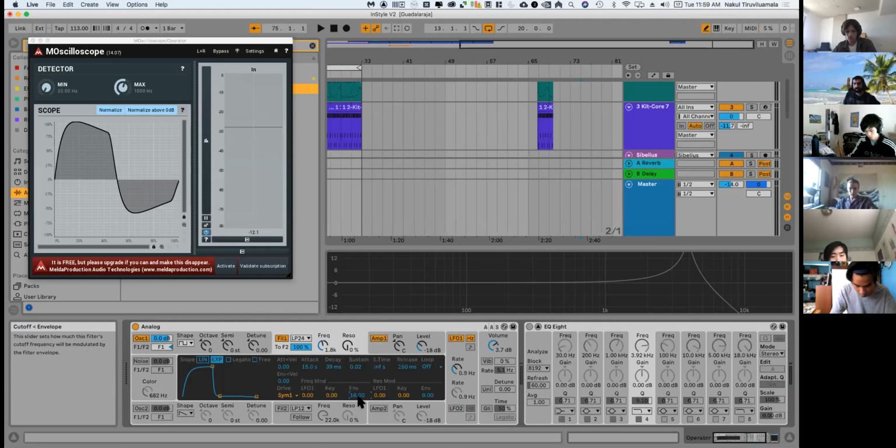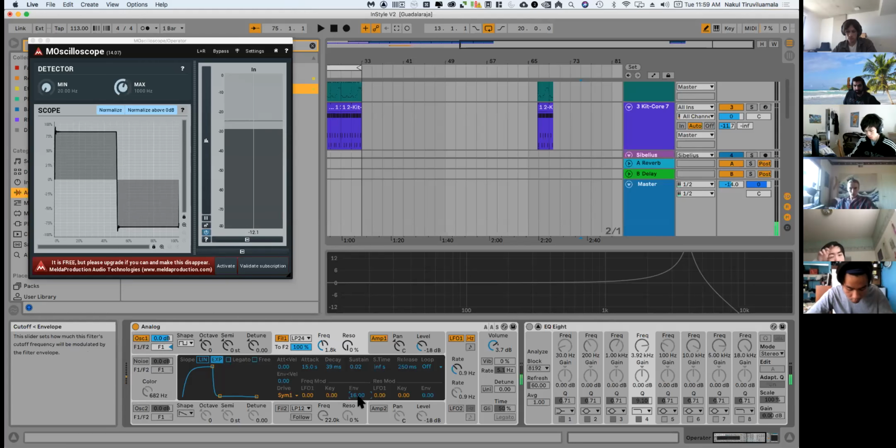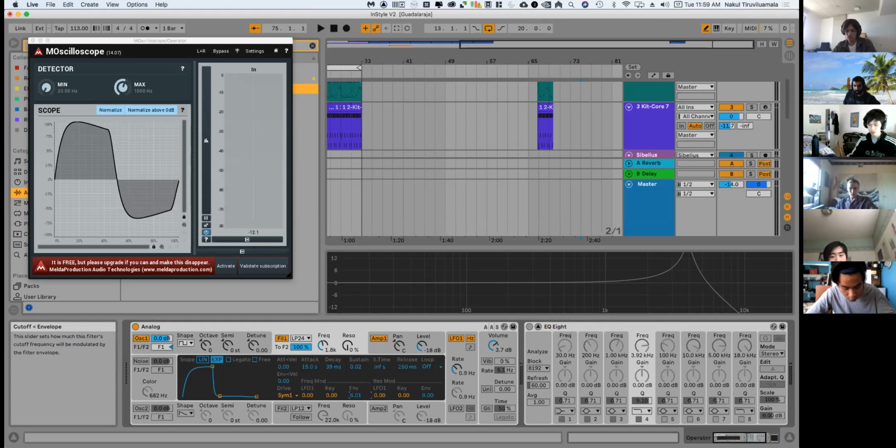By the way, the envelope is the dry wet control. This is a really important control. If I turn this to 0, nothing's going to happen. So this envelope value right here is the dry wet control for this envelope.